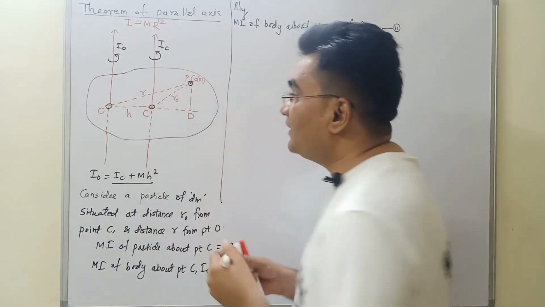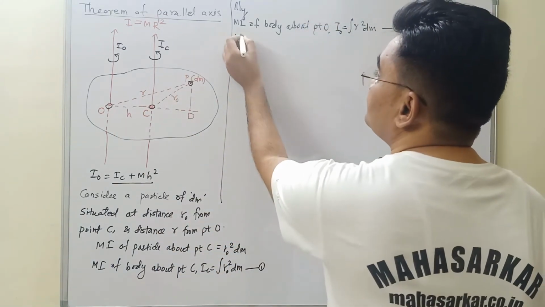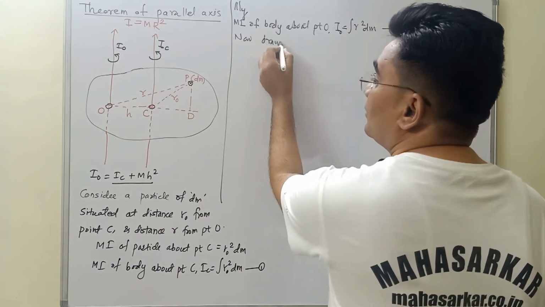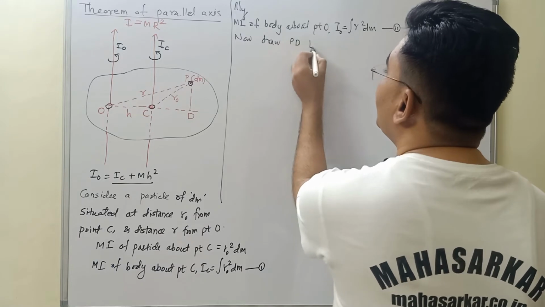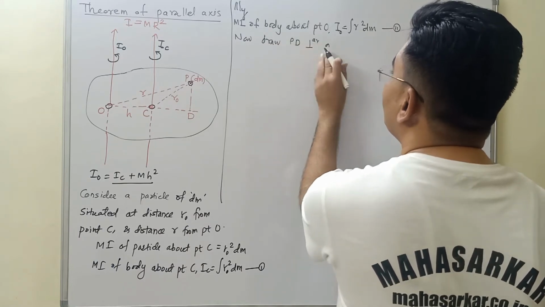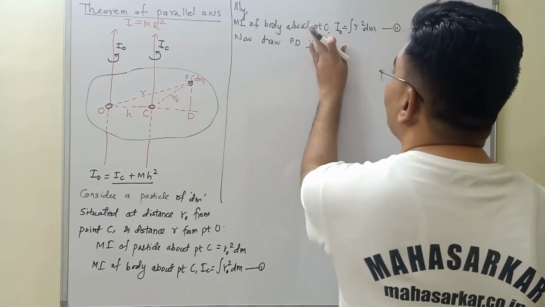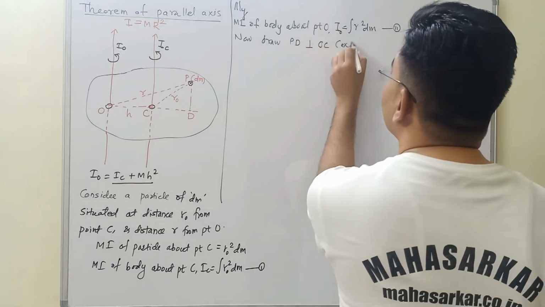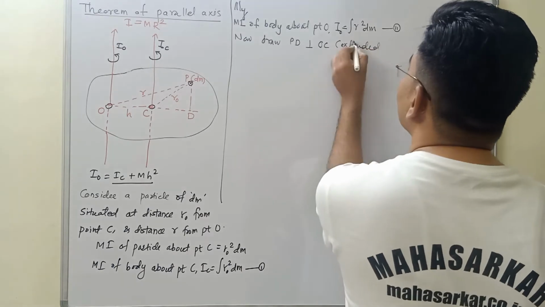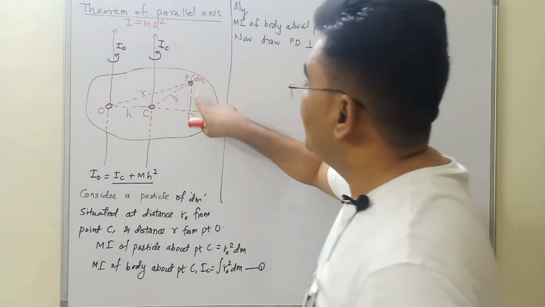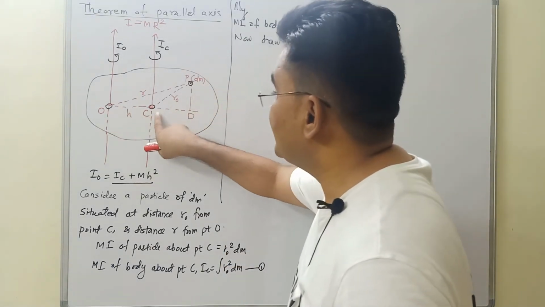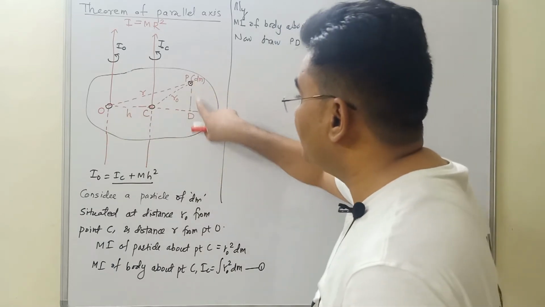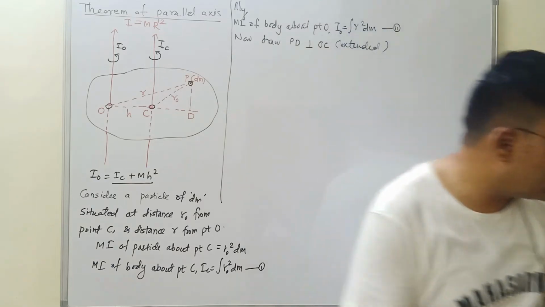See this geometry. What we have done now is draw PD perpendicular on OC, which is extended to D. I have already joined O and C, extended the line OC, and then drawn a perpendicular from that point. It will look like this.